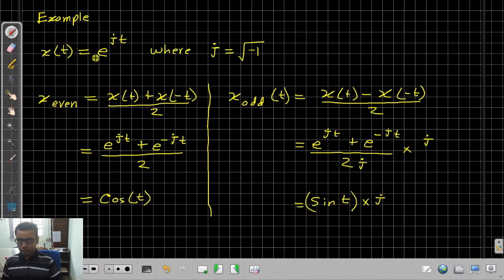Okay, therefore e to the power jt, you should be aware of, this is equal to cosine t plus j into sine t.